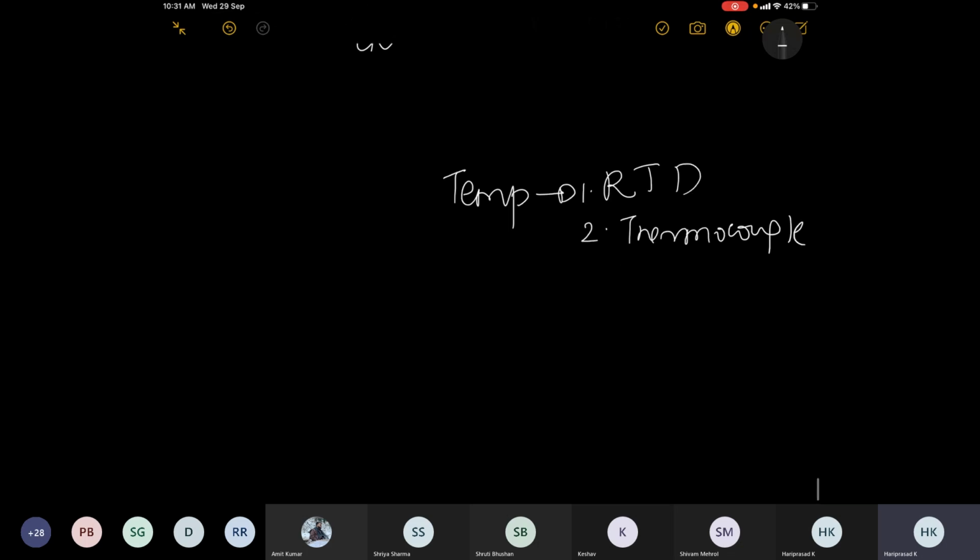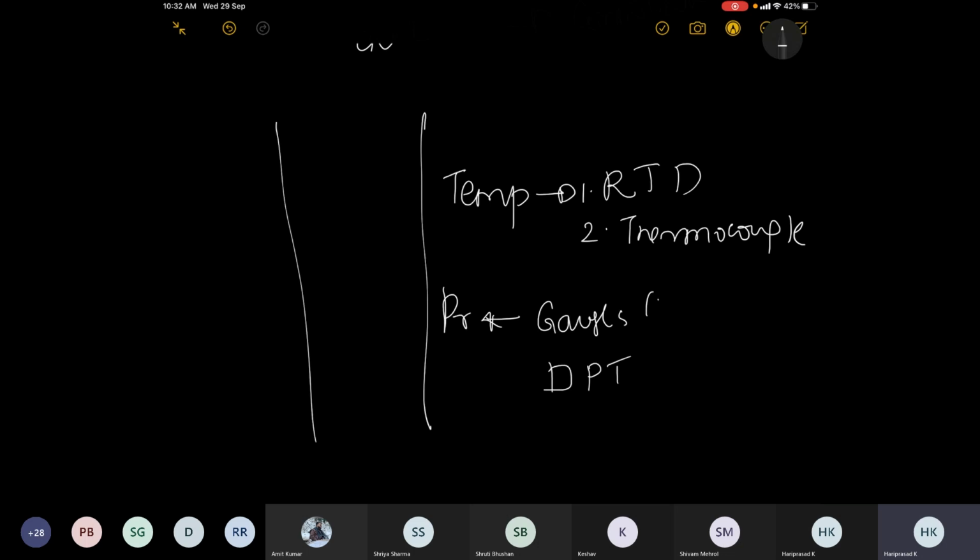And if it is pressure, most likely it would be gauges, which essentially means Bourdon gauge and so on and so forth, or the other one is DPT, which is known as differential pressure transmitter. So you will have to read a sensor data sheet, and the data sheet would give you the details. Let's say category 1 will be good for 400 to 500 Kelvin, and category 2 would be between another range.